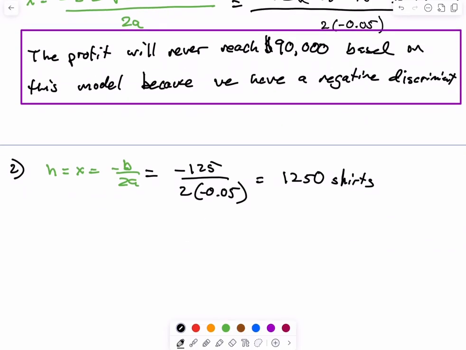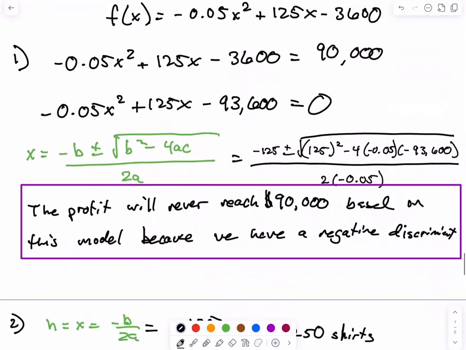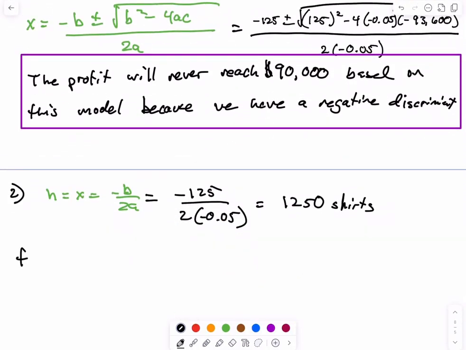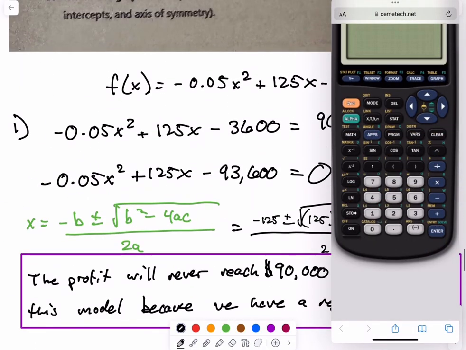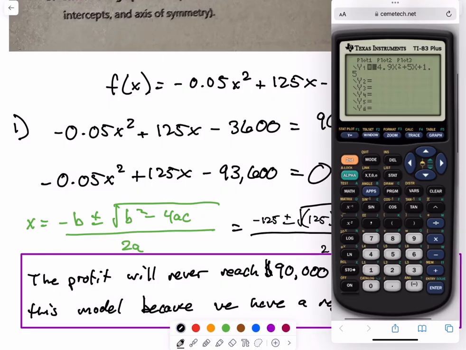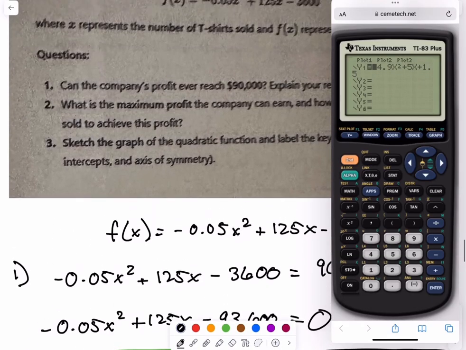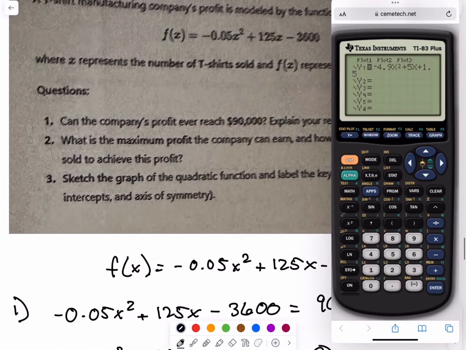To find the actual max, we've got to plug this into the original. So we need to find f of 1250. Let me go here to my y equals, and I'll just type it here. So we have negative 0.05x squared plus 125x minus 3600.